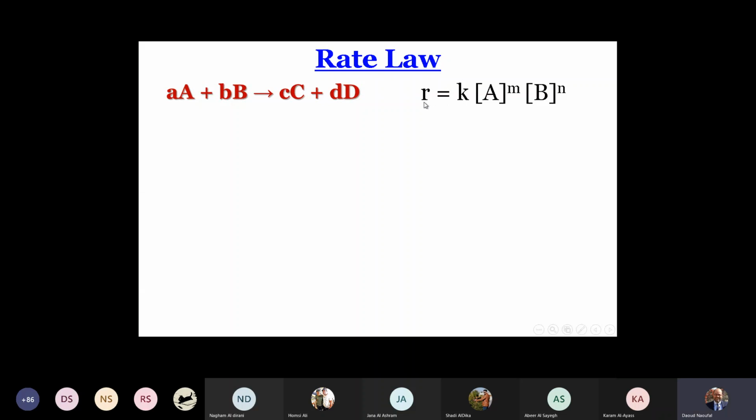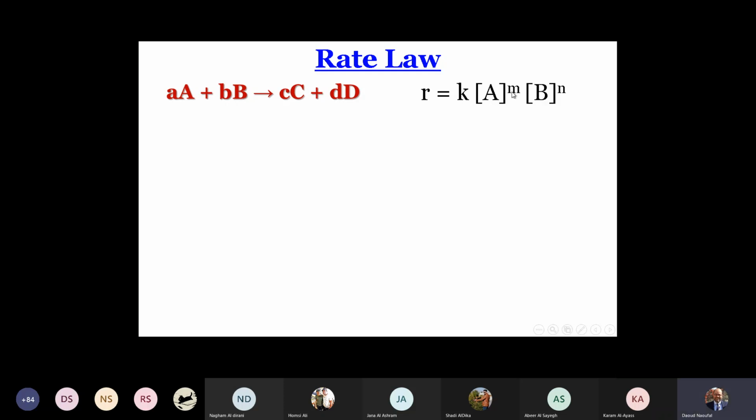Also, the rate of the reaction is related to the temperature, and we use what we call K, which is an indication of the temperature of the reaction. So as K increases, the rate of the reaction increases. So in this equation, we relate the rate of the reaction to the temperature included in K and to the concentrations of the reactants A and B.